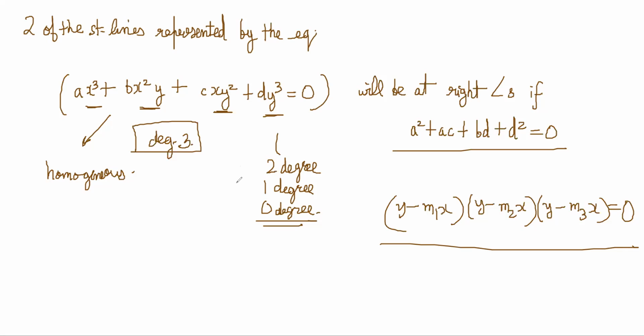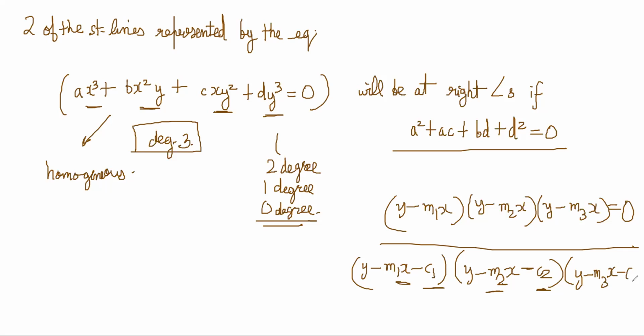If it was not homogeneous, the question is too hard then, because there are too many unknowns, 6 variables. But the question is not like that. It is homogeneous, so there are only 3 unknowns. So this must represent lines passing through the origin.